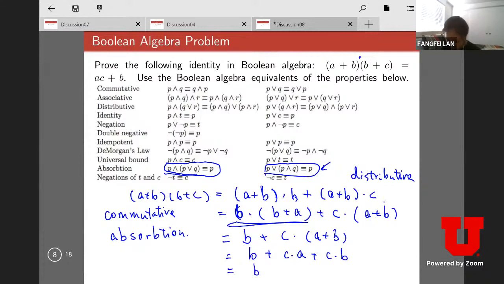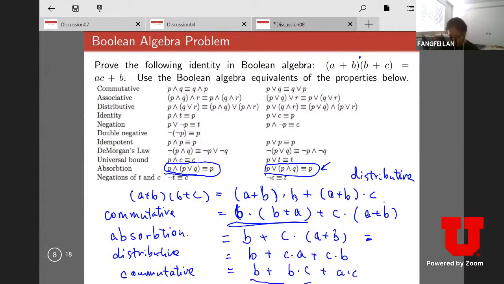And then we're going to use commutative again. C. That's by commutative. So distributive, commutative. And then we can use absorption again.